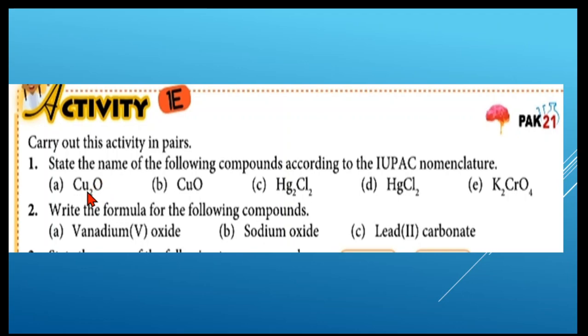The O is negative 2. So ada 2 di sini. So the Cu is 1 here. So charge dia adalah Cu plus. This one, the O is negative 2. The Cu is also positive 2. So copper 2 oxide. Okay, like that.